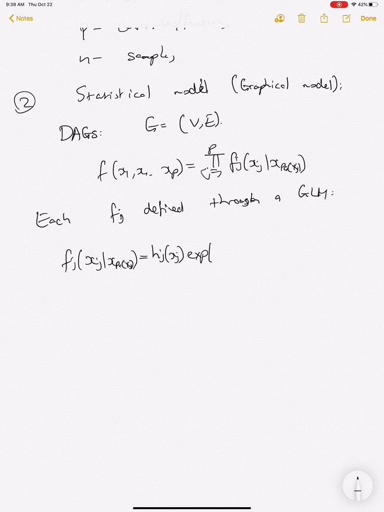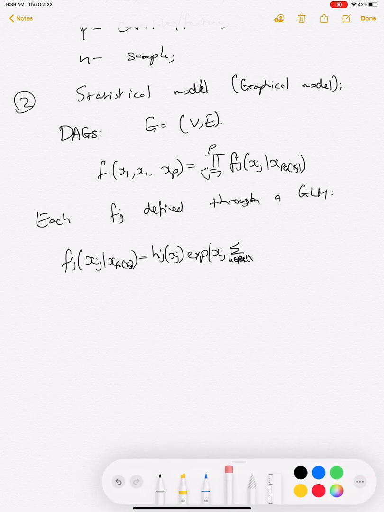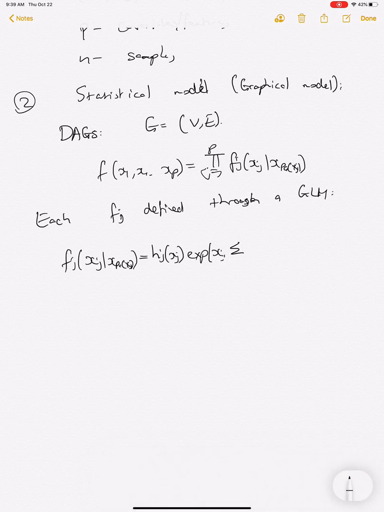This was how we defined our GLM. Sorry, this is parents of xj.